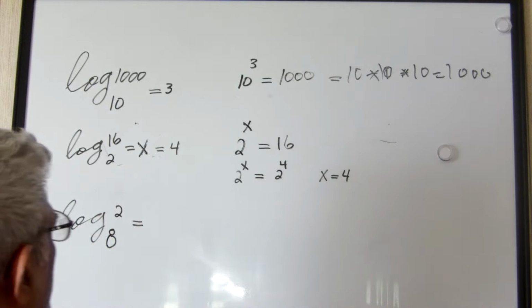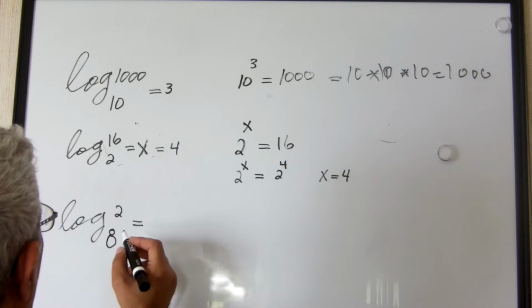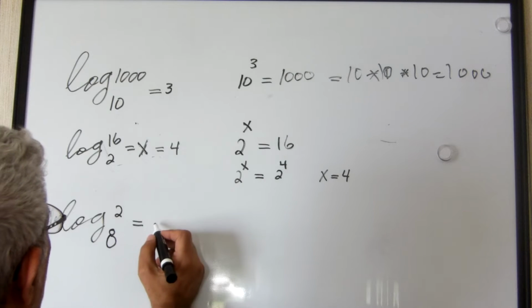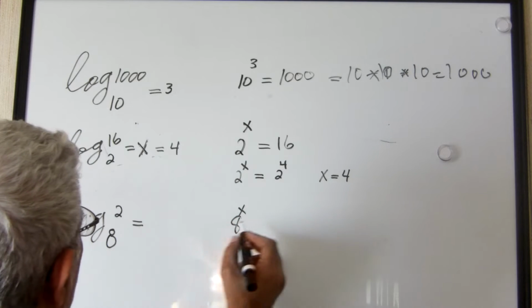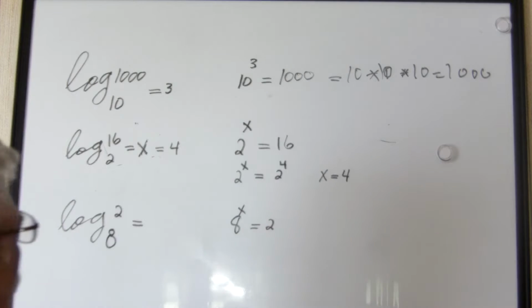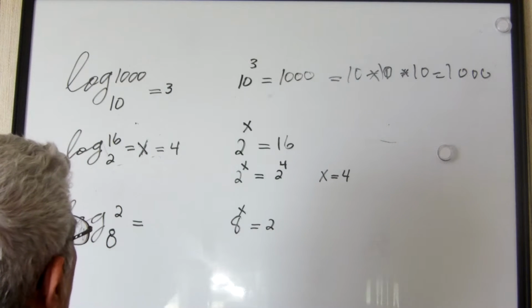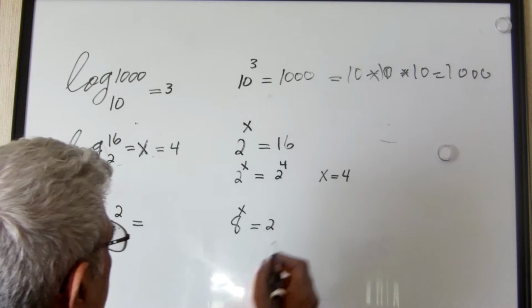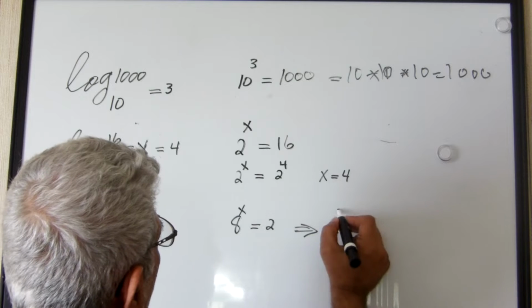And this one: 8 has to be raised to the power of something. 8 to the power of x is equal to 2. How do we solve this? There is one way to solve it. We say 8 means 2 to the power of 3.